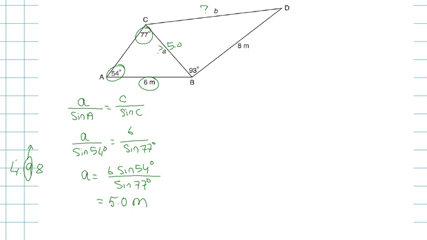So cosine. I'm looking for a side, B. So that would be b squared equals a squared plus c squared minus 2ac cosine b.